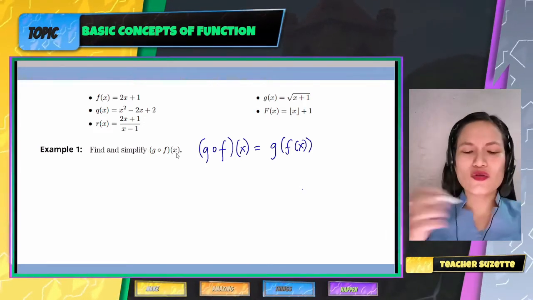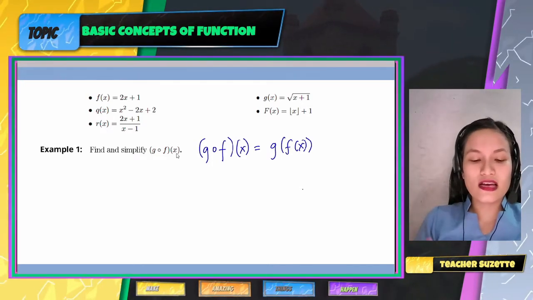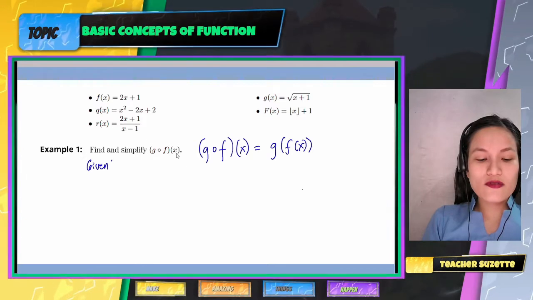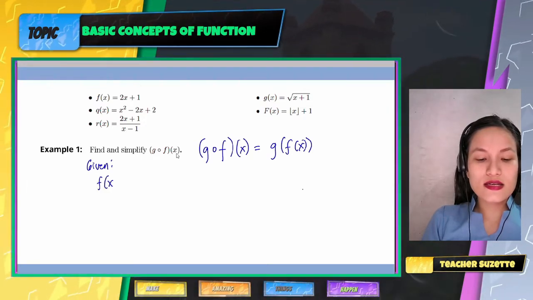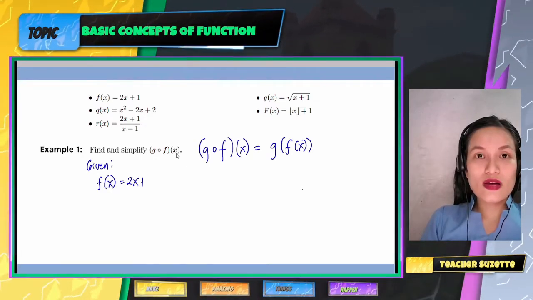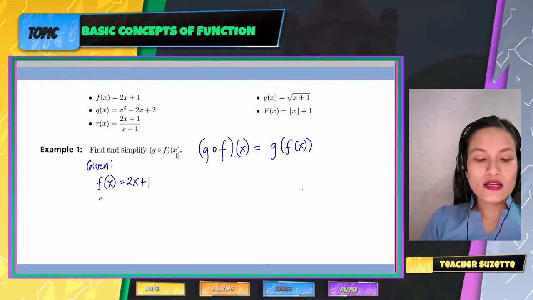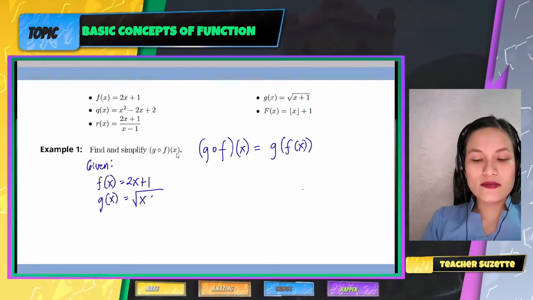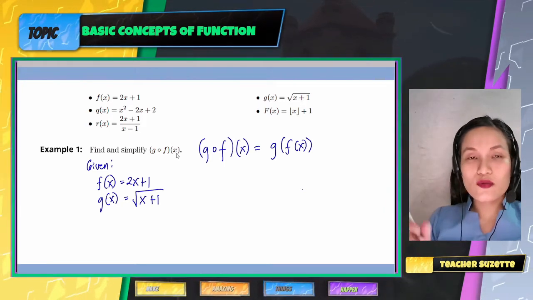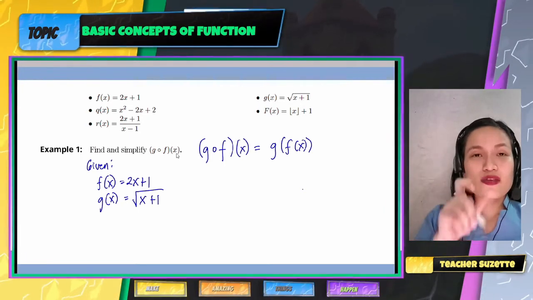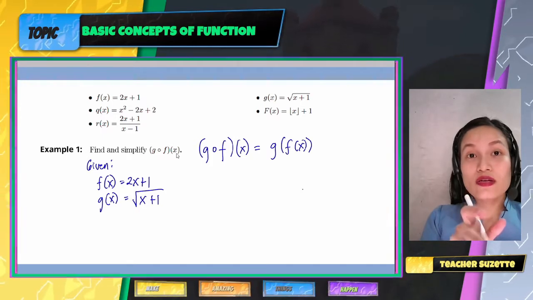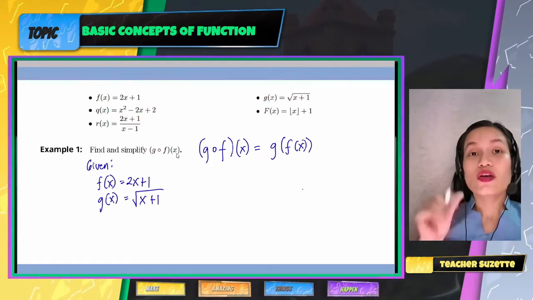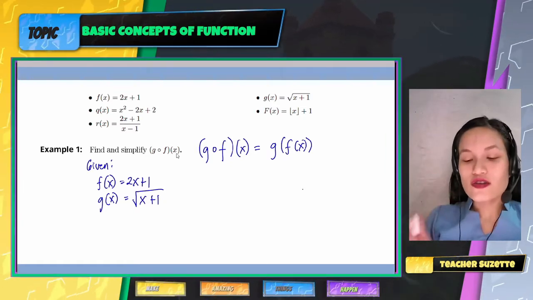So what are our g of x and f of x? Based on the given, f of x is 2x plus 1, and g of x is equal to the square root of x plus 1. So we just substitute or replace our f of x, the inner function, into our outer function to get a new function.